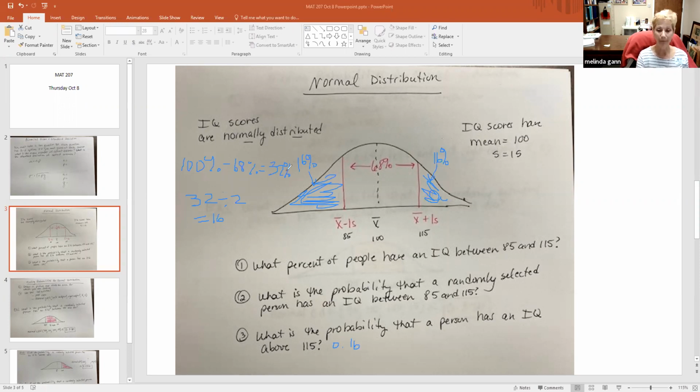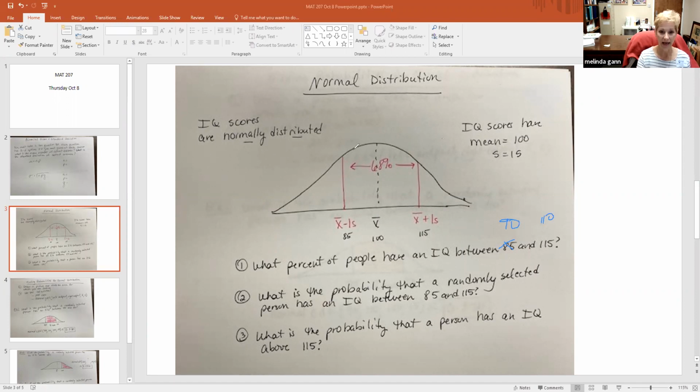Now, what happens though is sometimes this picture is not sufficient. So what if instead of saying what's the percent of the people who have an IQ between 85 and 115, what if I said between 90 and 115? Or if I said between 90 and 110?